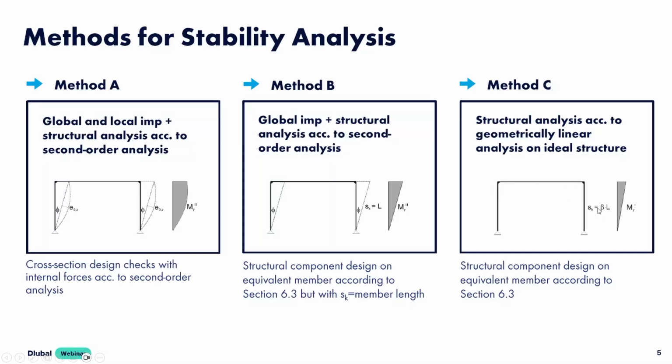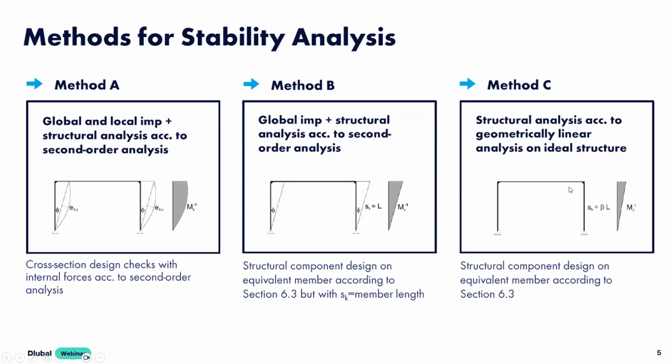But here you have to run the stability checks according to chapter 6.3, and you have to calculate this buckling length, the beta value, which is then a little bit more complicated. From my work here in the support, most of the customers use method B, I would say. Method B and A. C is really not that common in my opinion. So we also aim for method B.